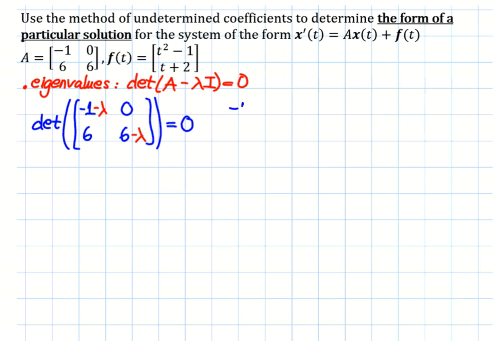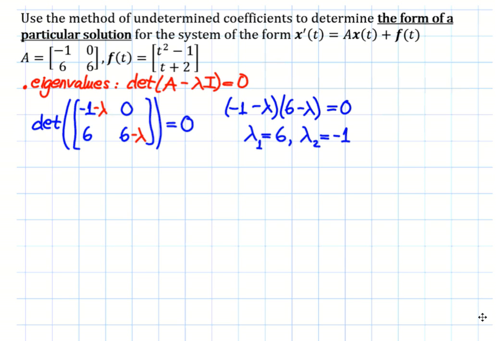So find the determinant, minus 0 times 6. So that's all we have. So from here we can say lambda 1 equal to 6 and lambda 2 equal to -1.